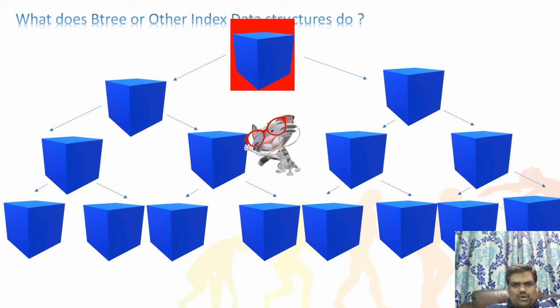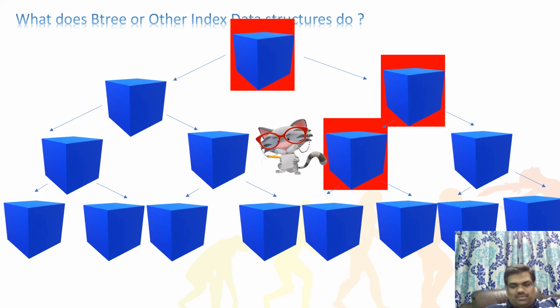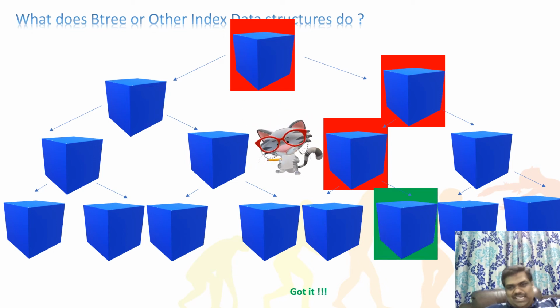The first record, oops, it's not matching with the record I'm trying to search, right? So I'm doing a second search, a third search, and just keep going. And finally, I got it.